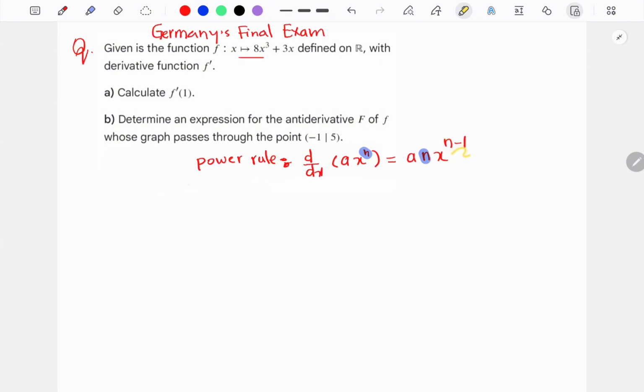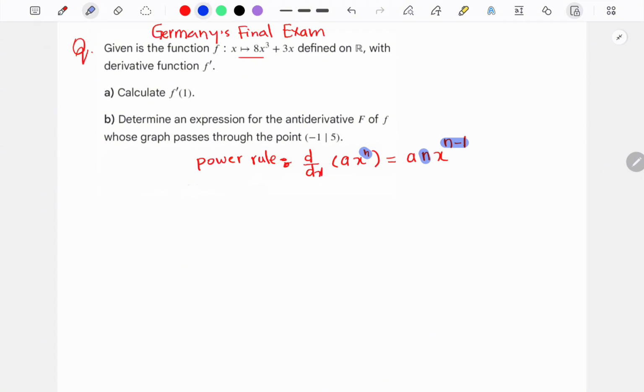You can see that 1 is subtracted from the power of x. So it is the power rule that we have to drop the power and we have to subtract 1 from the power. It is known as the power rule.